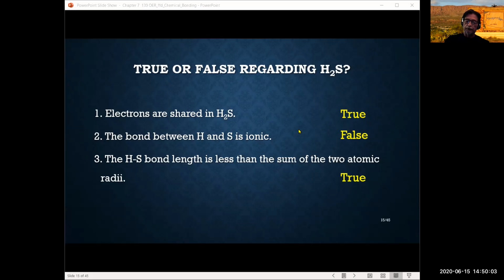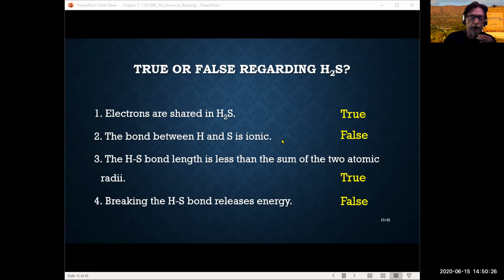So this is a true statement. And then, breaking the H-S bond releases energy. It's a false statement. Breaking the bond requires energy. This is hydrogen sulfide, a very nasty smelling gas.